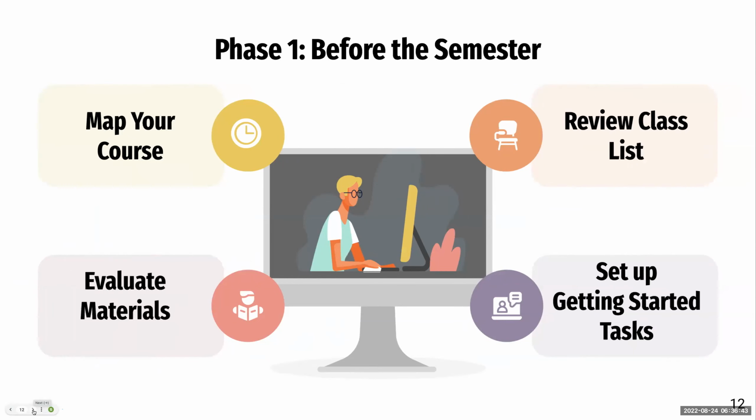So before the semester even begins, one of the things I do is I map out my course. I do an entire course map, which includes things like my measurable learning objectives, my assessments, the resources, so evaluating the materials I'm going to use. And I also have a section on my map for those technologies that I want to use to engage my students, which doesn't just include the LMS stuff.